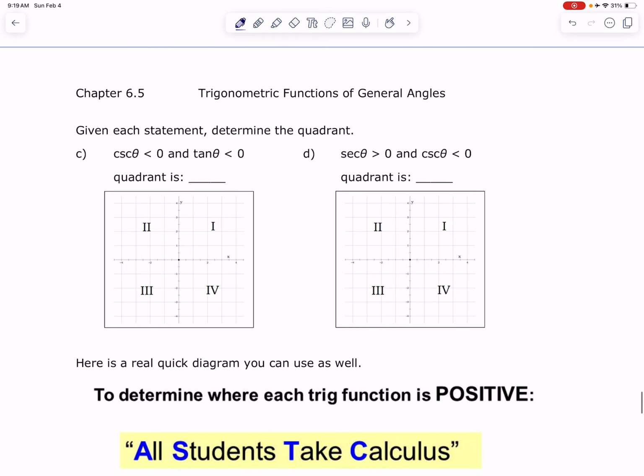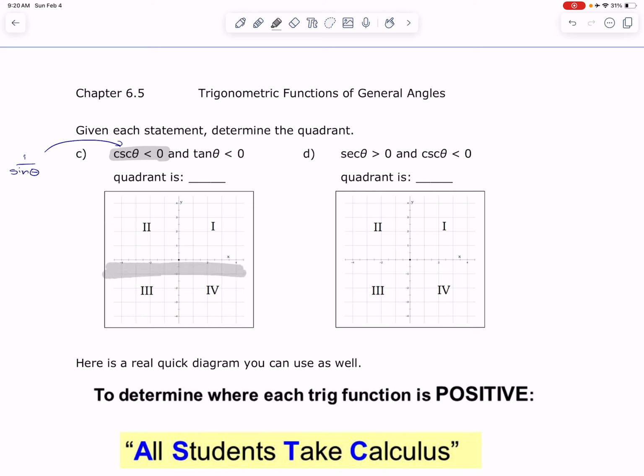C, we have cosecant is negative. Well, cosecant is 1 over sine. So we are concerned with where our sine is less than 0. Our sine is negative.